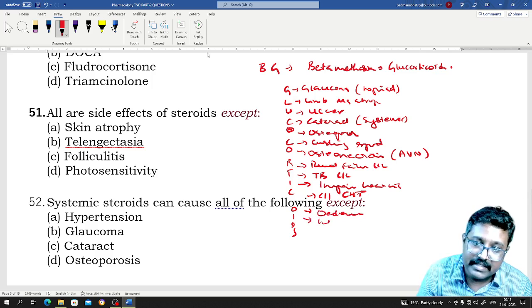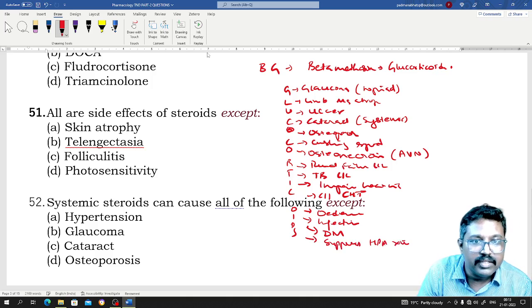It can increase the infection rate because of decrease in the immunity. It can lead to development of diabetes mellitus, and it suppresses the HPA axis. So what is the correct answer here?